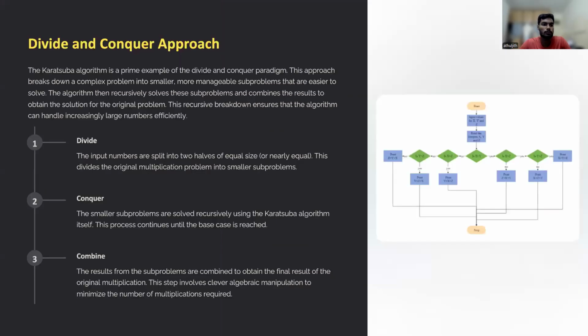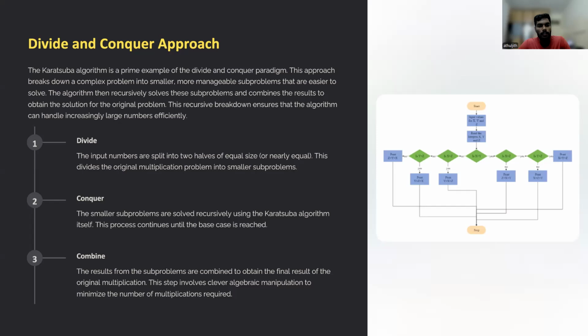Divide and conquer approach. The Karatsuba algorithm is a prime example of the divide and conquer paradigm. This approach breaks down a complex problem into smaller, more manageable subproblems that are easier to solve. The algorithm then recursively solves these subproblems and combines the results to obtain the solution for the original problem. This recursive breakdown ensures that the algorithm can handle increasingly large numbers efficiently.